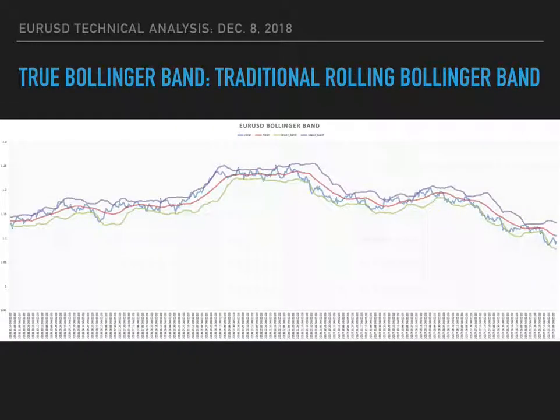So just to be clear as to the calculations of a true Bollinger Band versus the Bollinger Band you would find on a broker platform.